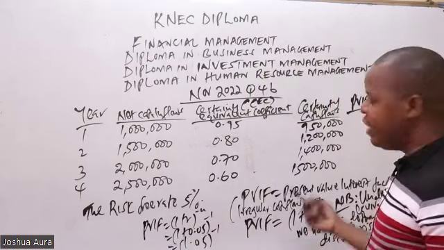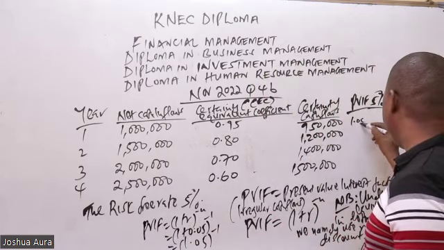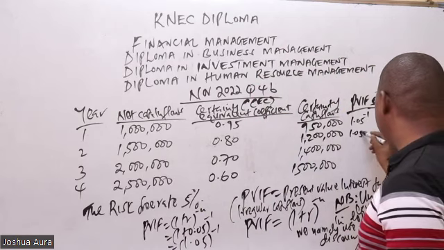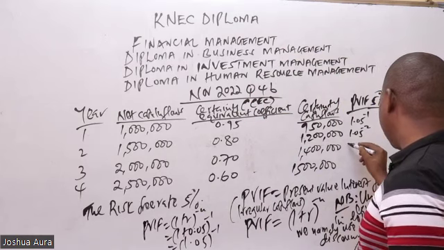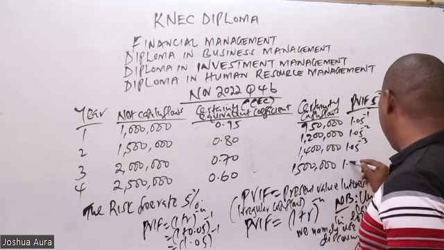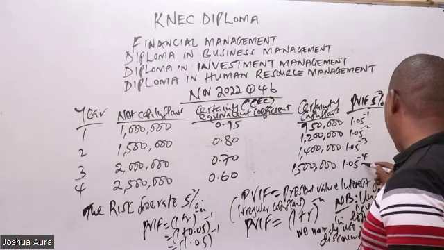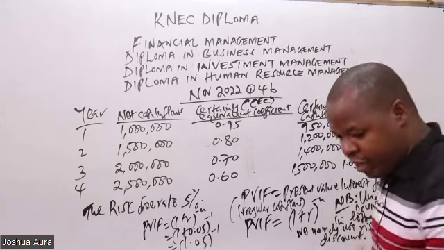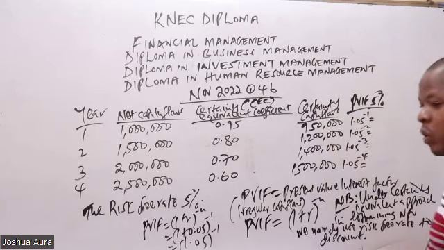What is 1.05 raised to negative 1? What is 1.05 raised to negative 2? Negative 3? Negative 4? Let's get our discounting factors.